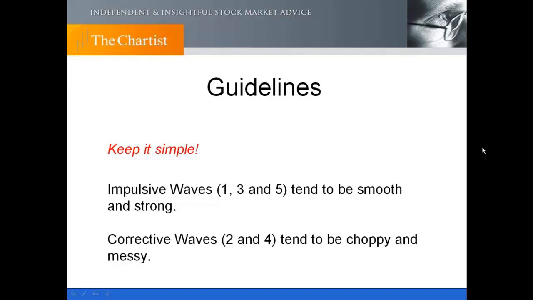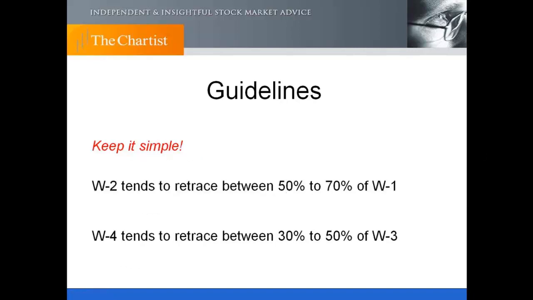If you have to think about it, well, it's clearly not. So you just got to look at a chart, bang, there it is, or there it's not. If it's smooth and it's strong, it's an impulse. Whether it's 1, 3, or 5, we don't know. But at the end of the day, smooth and strong is an impulse. Corrective waves, 2 and 4, tend to be very, very choppy and very, very messy. That's our guidelines of 1.